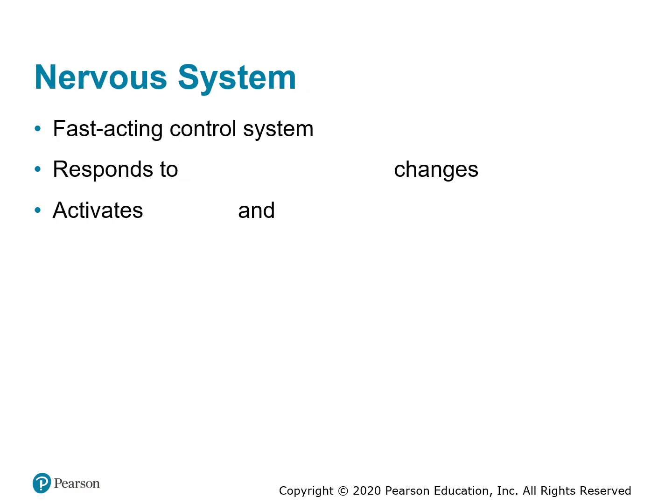Next up, we have the nervous system. Your nervous system is your fast-acting control system. It is quick and to the point. It responds to internal and external changes. Okay?